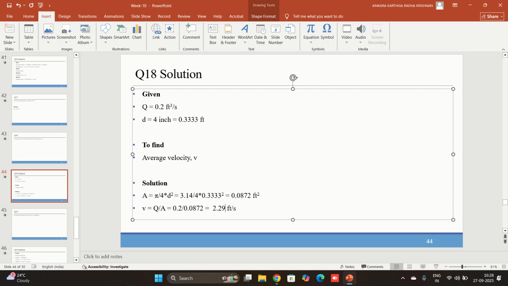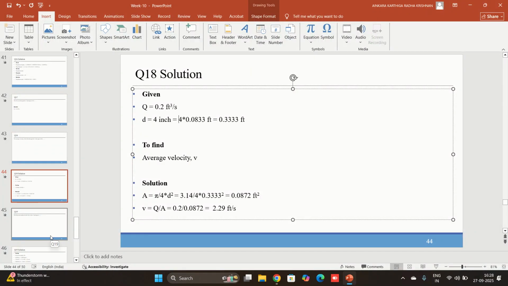After finding A, we can get the value of average velocity V. V is equal to Q by A, so we can directly put it. 4 inch is 4 into 0.0833 feet, just the conversion factor. So V is equal to Q by A, Q is 0.2, A is 0.0872 feet squared, and that equals 2.29 feet per second.